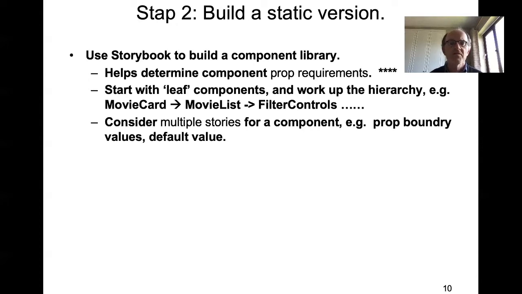Take each of the leaf components, implement those, and get Storybook to render them for you so that you at least get that working. So in the context of the movies app, you would implement the movie card, the movie list, the filter controls. Only take the components towards the bottom end of the hierarchy though.